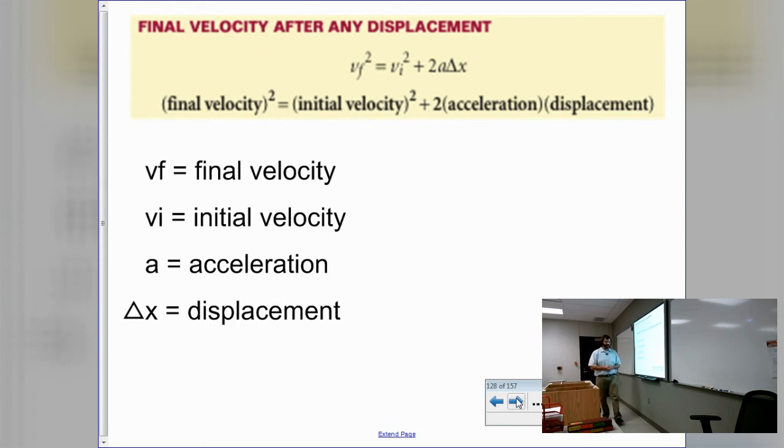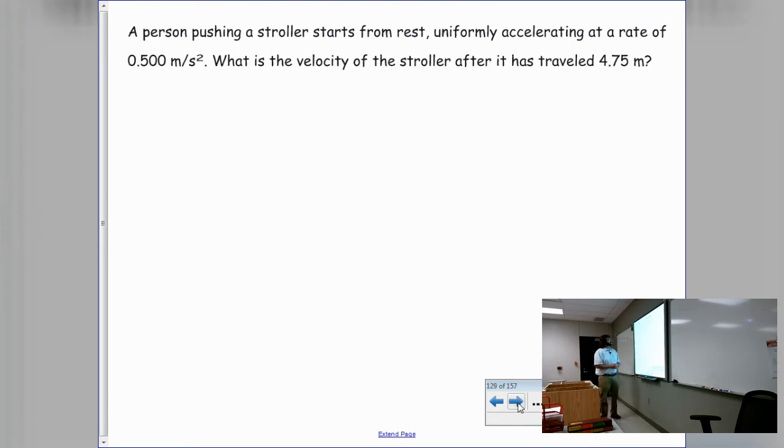Let's do one final practice problem. A person pushing a stroller starts from rest, uniformly accelerating at a rate of 0.5 meters per second squared. What is the final velocity of the stroller after they moved 4.75 meters? So again, we're looking for final velocity here. What's different from the other kinematic equations is I'm not given a time in this problem. I'm given a distance traveled, a displacement. Initial velocity, starting from rest, is 0 meters per second.